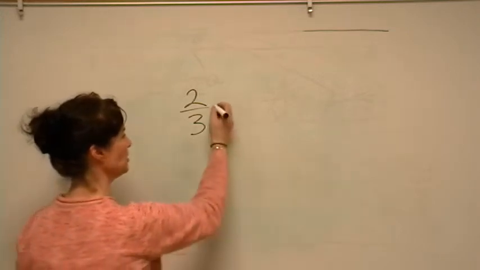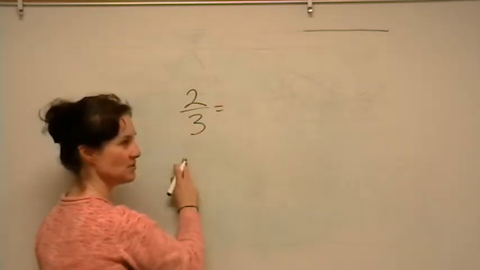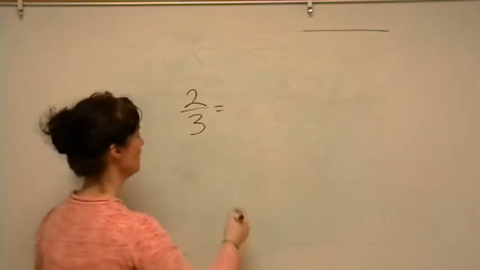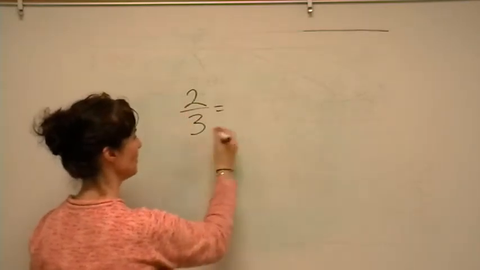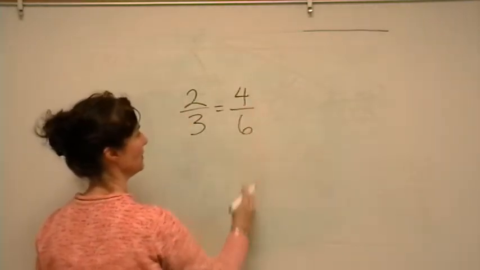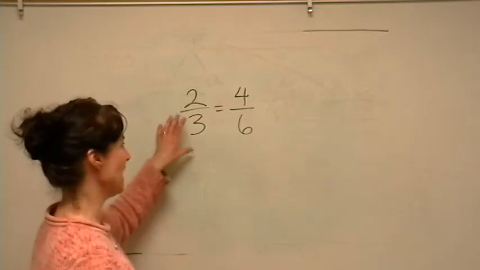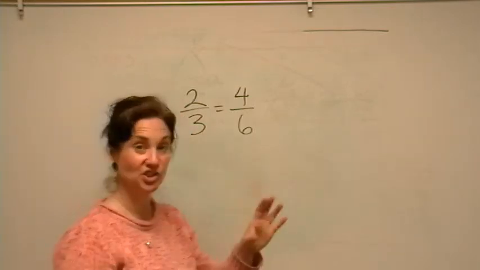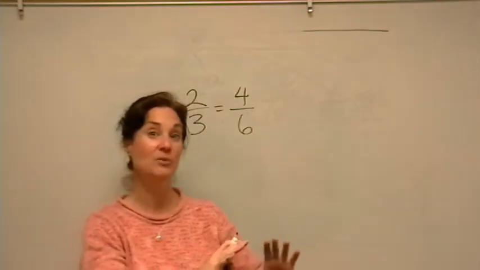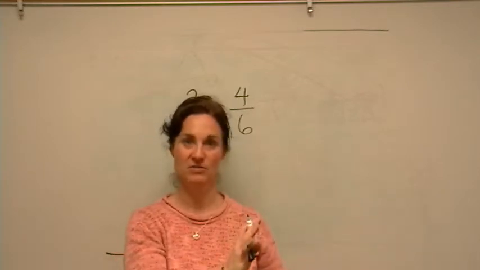When you do a proportion, you're going to relate two parts. Okay, so you would say 2 is to 3 as 4 is to 6. So in a proportion, we actually have a relationship between two things, and we have the same relationship between another two things.